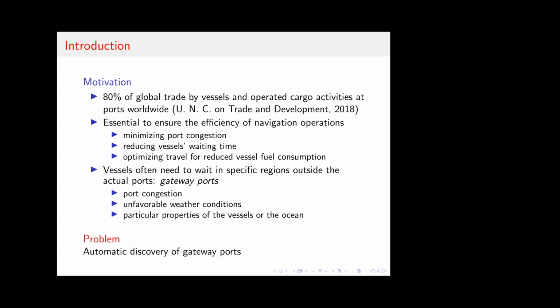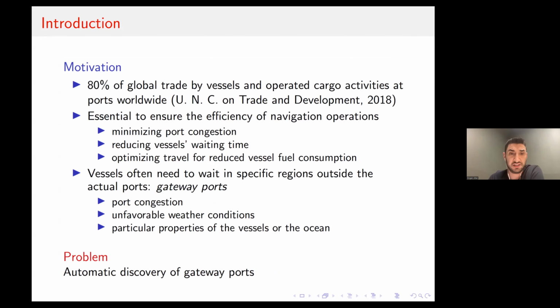There are several reasons why a vessel waits outside of the actual ports. The first reason may be port congestion. There may be congestion at the destination port, so it may not be available for that vessel at that moment, and it needs to wait in such a case.